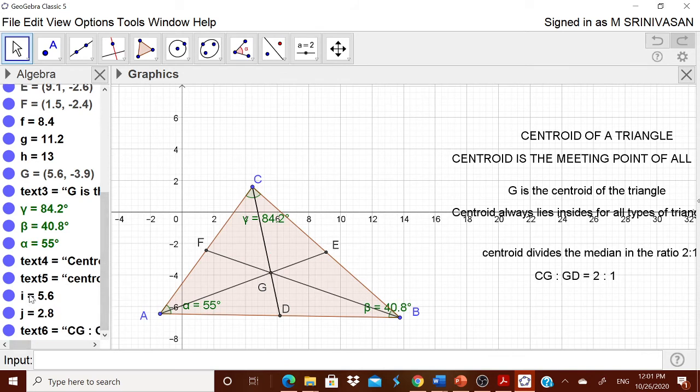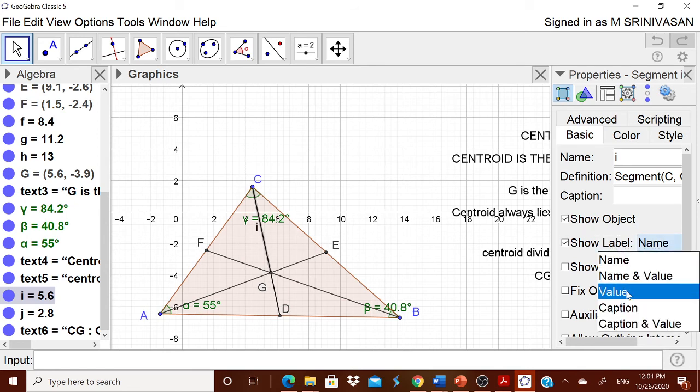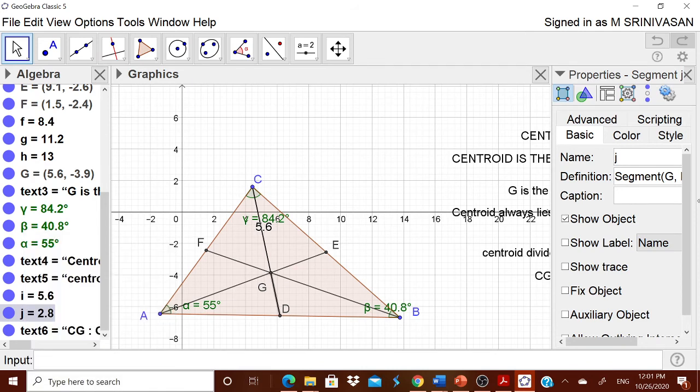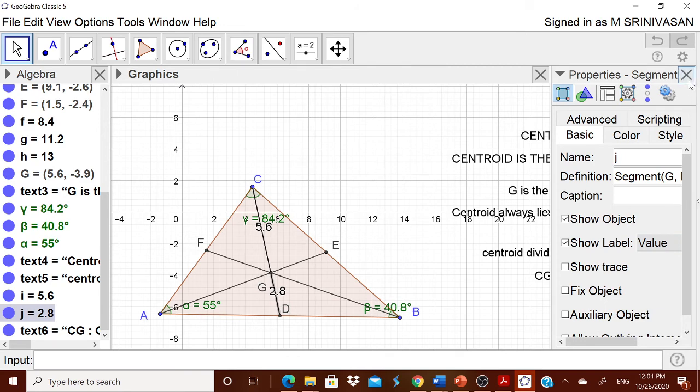Therefore, here in that I, you right click it, and then go to the object properties, and in that label, you ask it to show its value. In J, again you right click and then object properties, go to the show label and then ask it to show its value. Okay, 5.6 and 2.8 it is showing now.